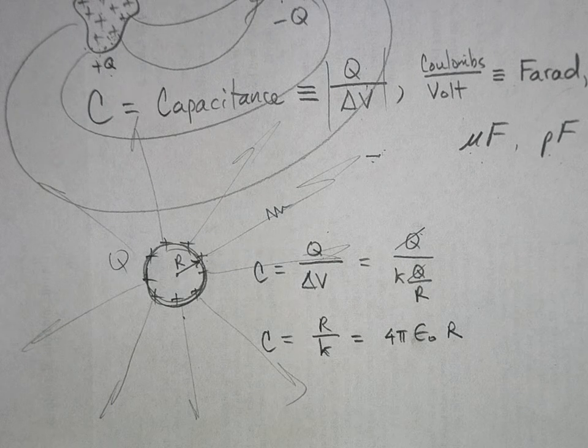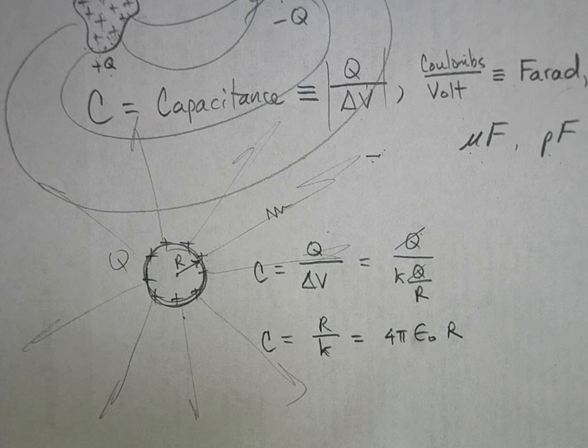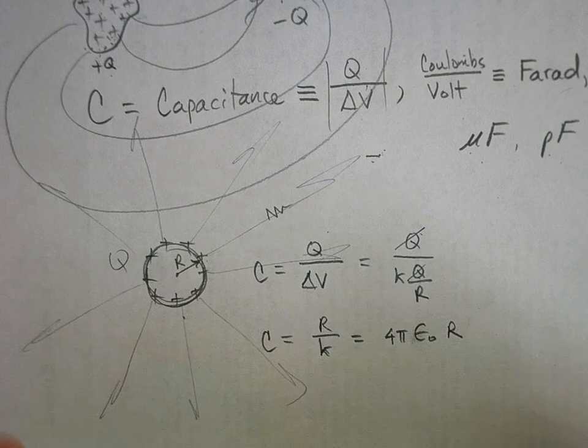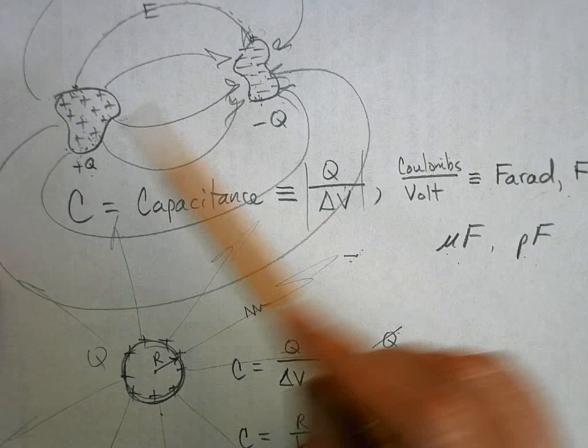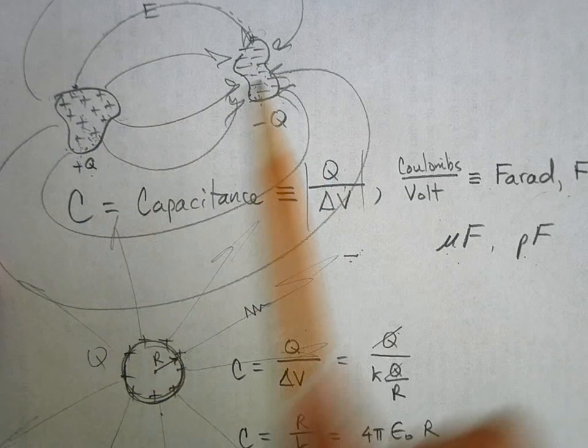Now, let's take a look at this. When you have a capacitor, there are lots of different ways of separating positive and negative charge. Up here, I just had two amoebas with positive and negative charge.